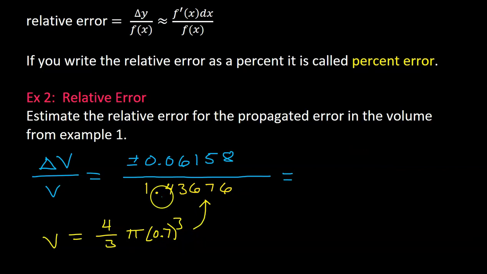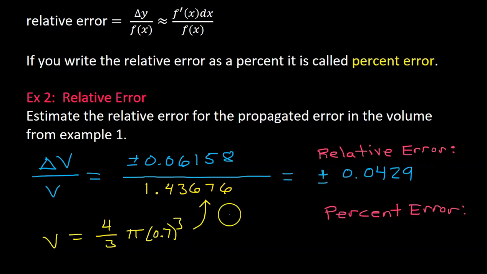That's giving me 1.43676. So if you do the division, you're going to come up with plus or minus 0.0429. That's the relative error. That means the percent error is about 4.29%.